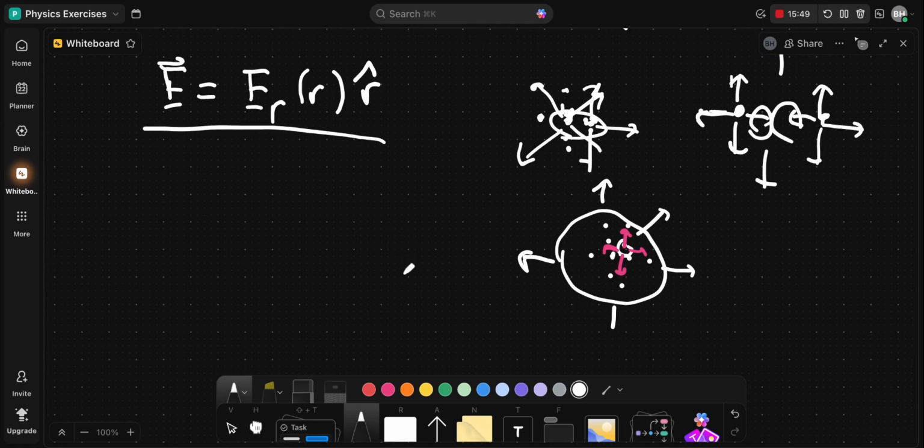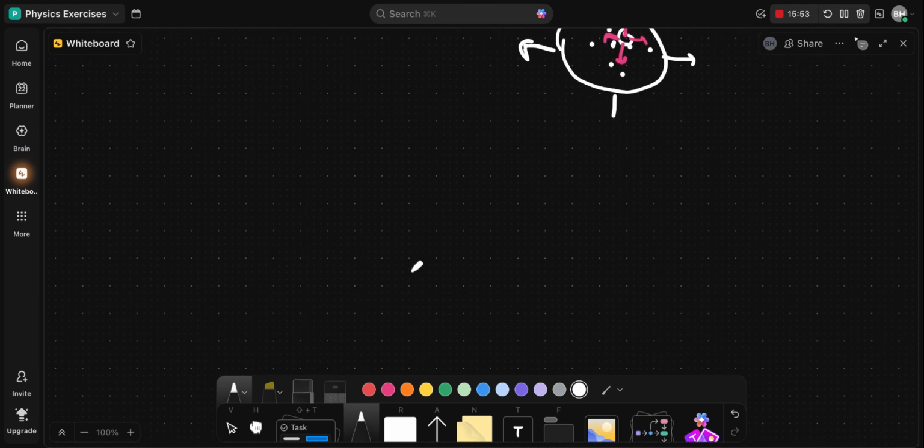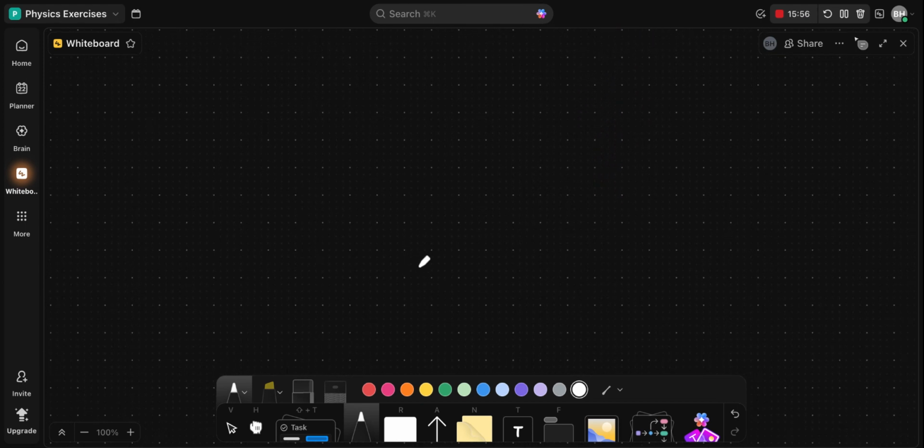And let's see how we can exploit this to simplify the left-hand side of Gauss's law. Okay, and I will write again Gauss's law. So we have a closed surface and we have the electric field and the scalar product between the electric field and an infinitesimal normal vector on the surface.